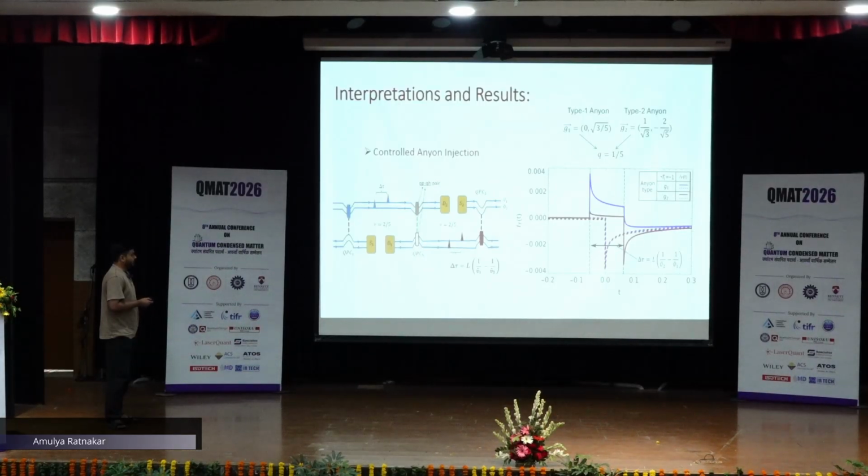But as soon as you switch on the interactions, the faster anion along the eigenmode hits the central QPC first, and then there is a power law decay due to the Green function. Then the second anion along the slower eigenmode comes and hits the central QPC, and at long time intervals the behavior of the tunneling current is the same.